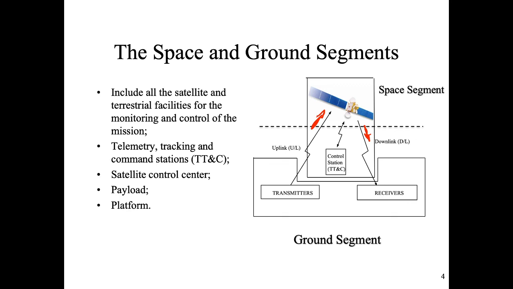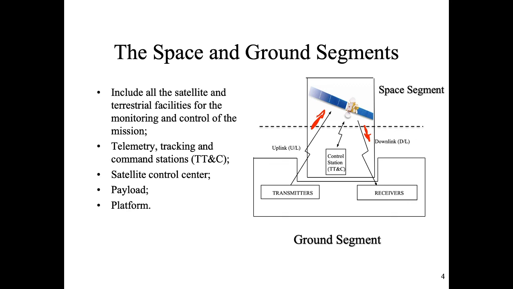But you can imagine that also on the space segment you have the very same things. To receive the signal from ground you need a receiver, and to transmit data to ground you need a transmitter. So this structure, to a different scale of course, is replicated also on board the spacecraft.